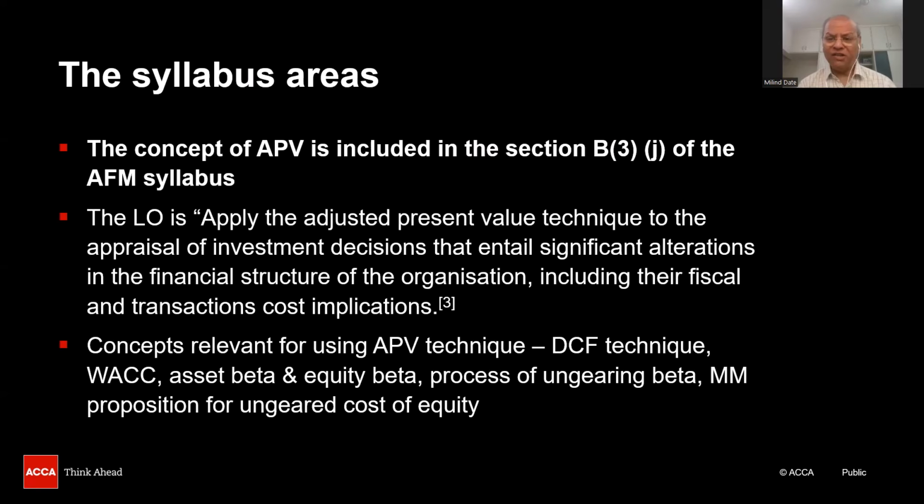You must learn to revise the concepts that are directly involved in estimation of the adjusted present value, namely the discounted cash flow technique, the weighted average cost of capital calculations, the concepts of asset beta and equity beta, the process of ungearing beta, and the Modigliani and Miller propositions for ungeared cost of equity calculations.